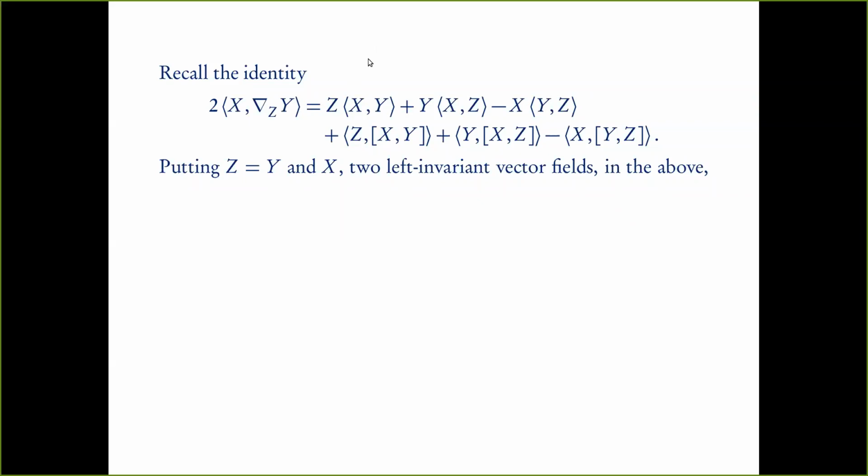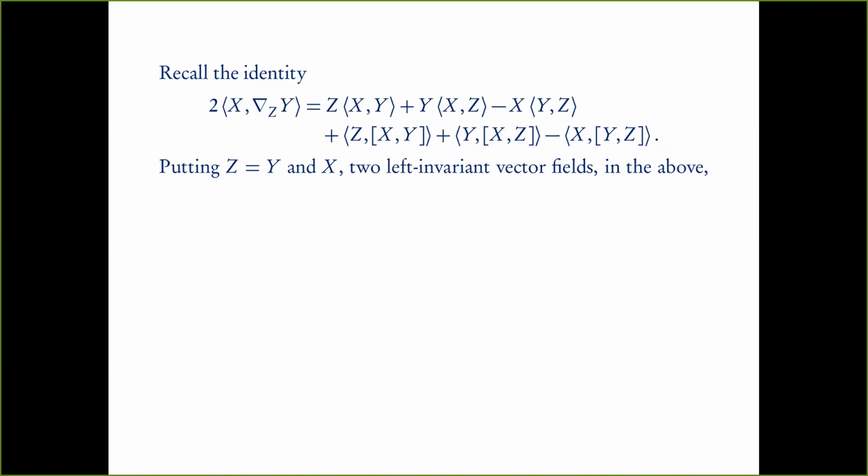So all the inner products that you see in the first line are constants if x, y, and z are left invariant vector fields, which means when you differentiate a constant along a vector field, those are all zero. So all the first three terms in the first line are zero. I hope this is very clear to everyone. So it's zero. Any questions?